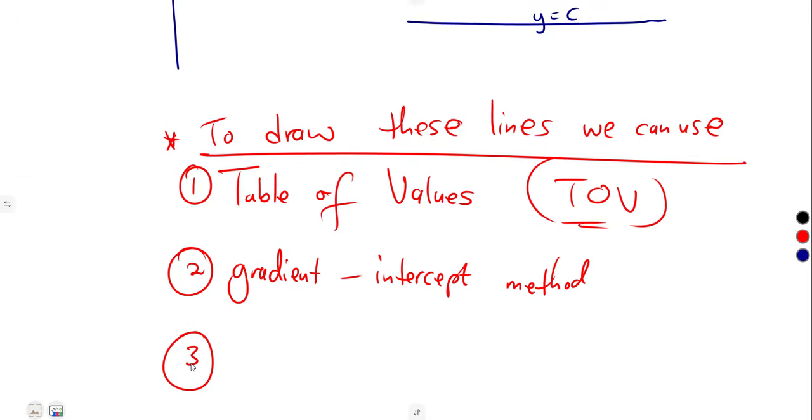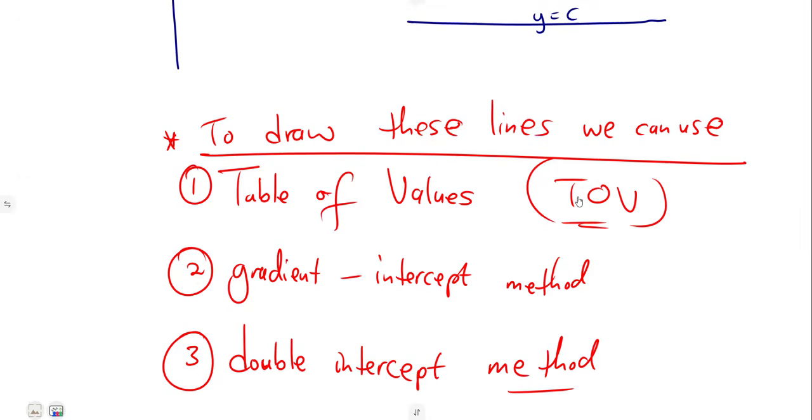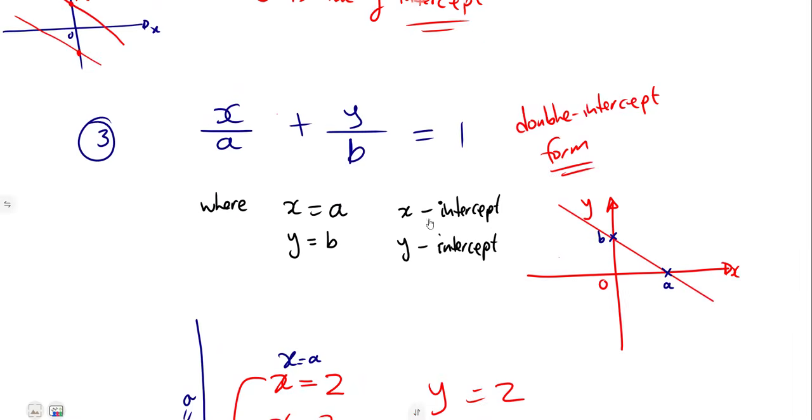All right, number three is the double intercept method. This one is a method to draw or to plot the lines. We had the double intercept form before as a format of representing a straight line.